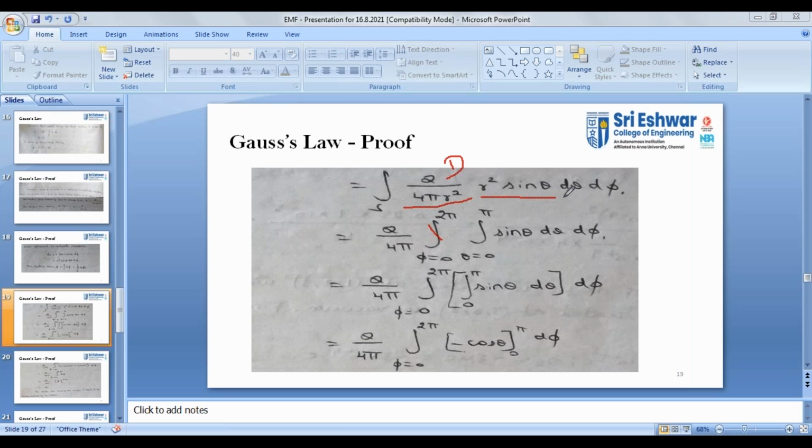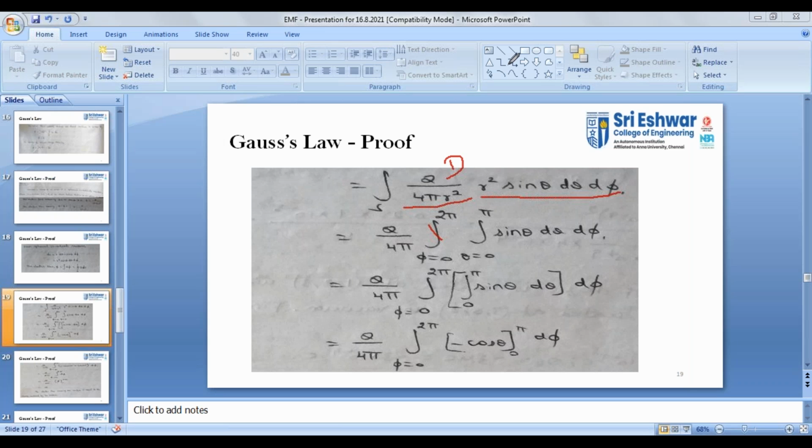For a spherical coordinate system we have three different formulas; out of the three, I am picking one and manipulating it. It becomes r square sin theta d phi. Here, I am taking Q by 4 pi as common outside, before the integration. And I am picking the integration limits as theta from 0 to pi and phi from 0 to 2 pi.